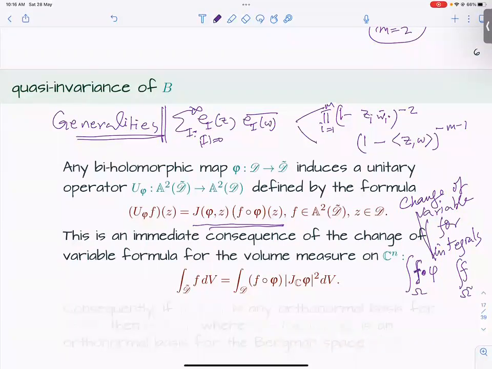Well, phi is going from omega to omega tilde. To relate these two things, all you have to do is to take this and multiply it with the absolute square of the complex Jacobian of phi, and then this will become this. Here I am using the volume measure.